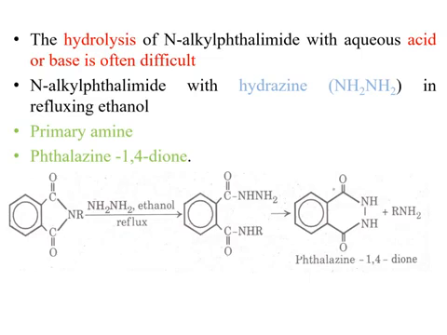A reflux is actually when we conduct a reaction in the presence of a solvent for a prolonged time. In your practical class, you will come across refluxing. In reflux, we use a long neck condenser because in this reaction, ethanol is being used as a solvent.